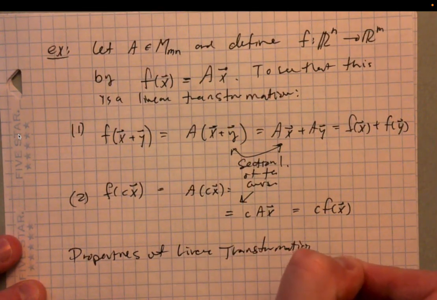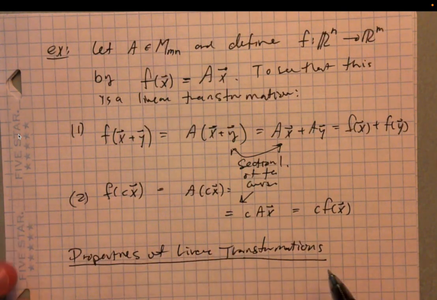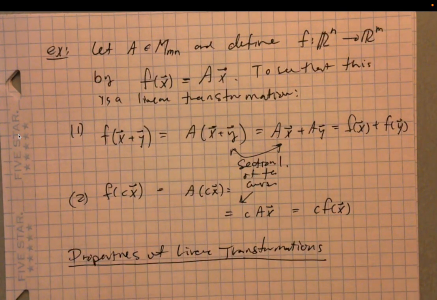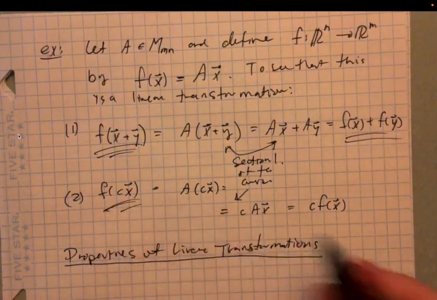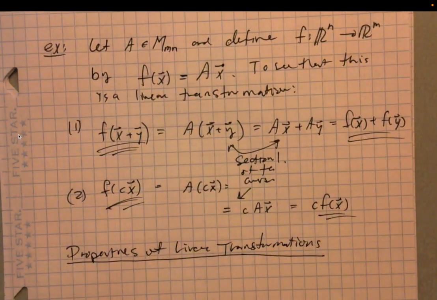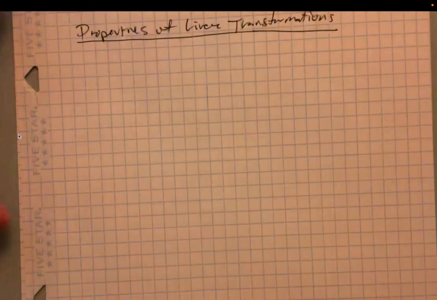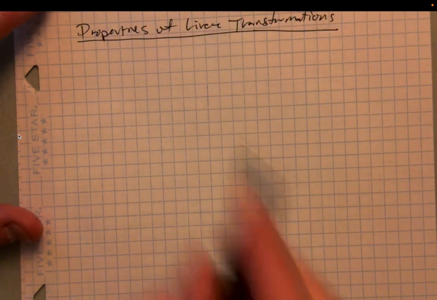We already know a few properties, namely that the definition stipulates that this is equal to this, and this is equal to this. But what else is true of linear transformations?